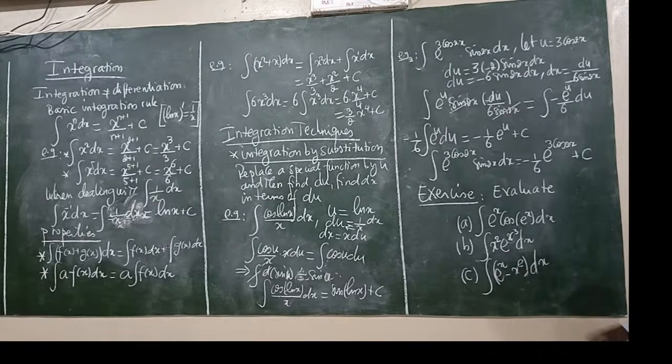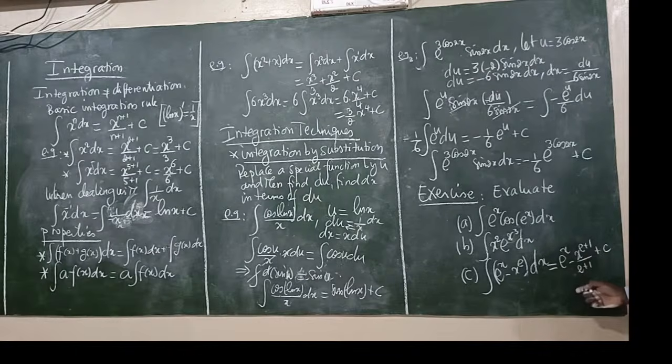Now, what about x to the power of e? Remember, this e is a number, that is 2.718, something like that. I want you to find that this is e to the x minus x to the e plus 1 over e plus 1 plus c.